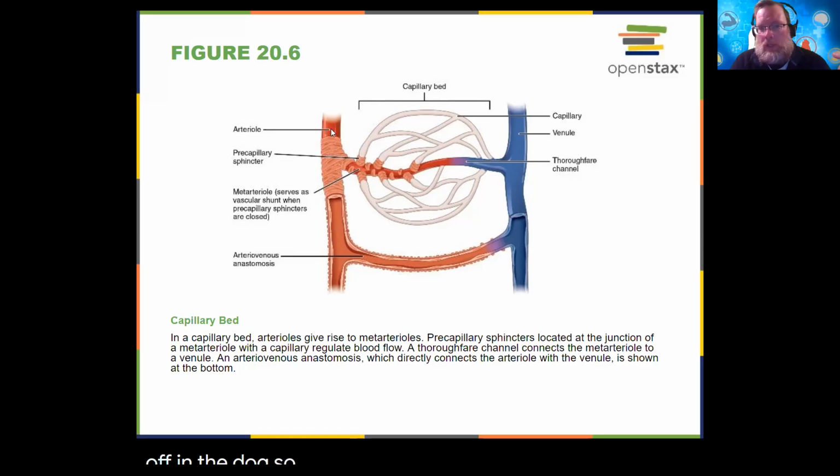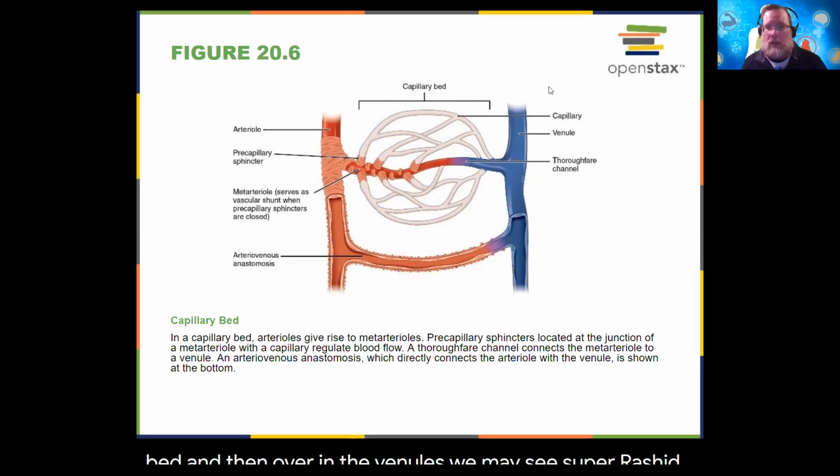We could see high glucose levels in the arteries, and then we drop off that glucose in the capillary bed, and then over in the venules we should see fairly low levels.